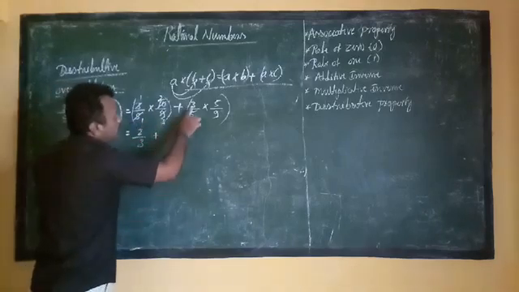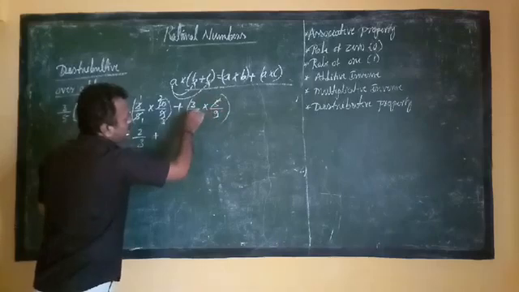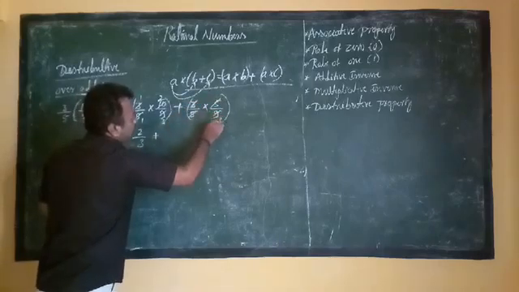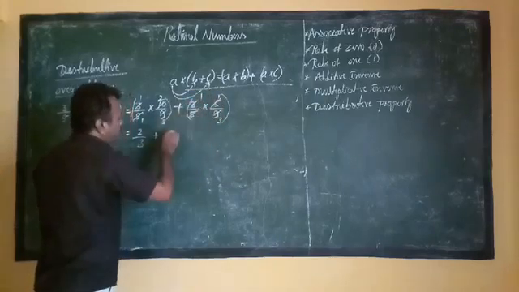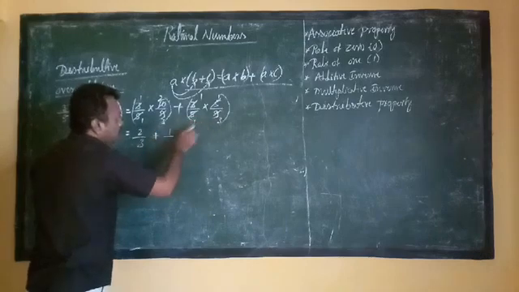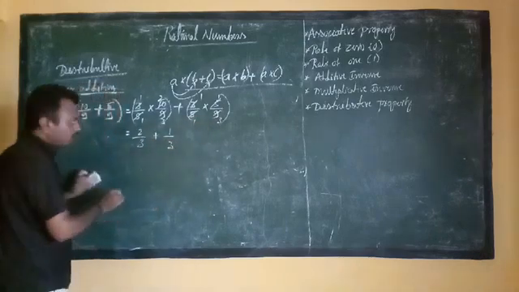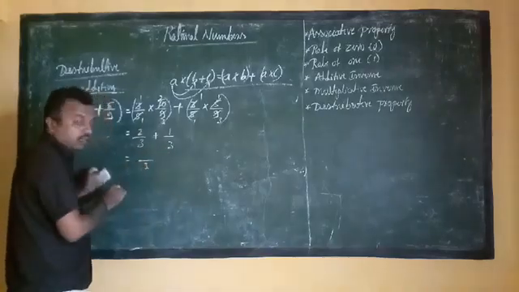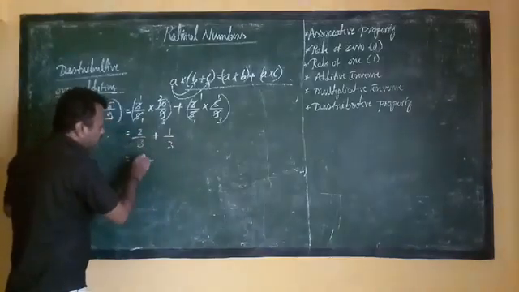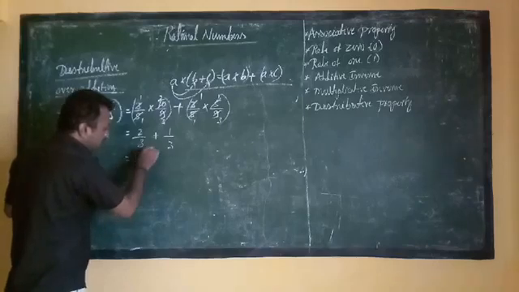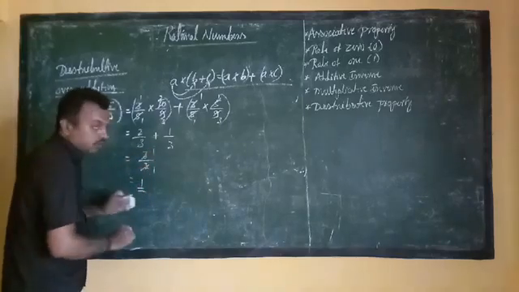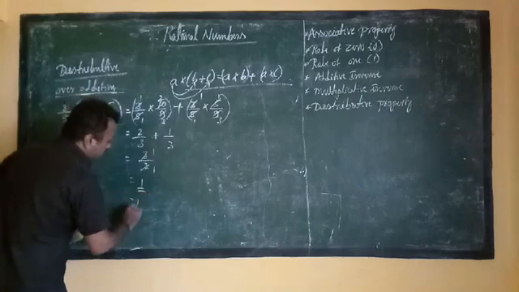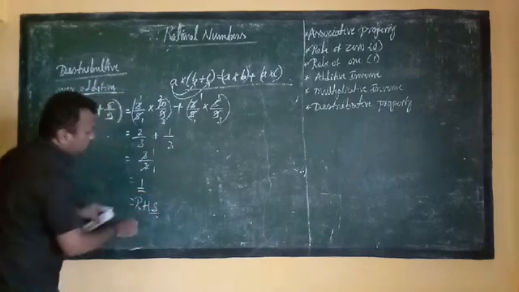Plus, 3 and 5, the 5 gets cancelled. 3 ones are 3, 3 nines are 9. Here 1, here also 1. 1 into 1 is 1. So 1 by 3. Finally, the denominators are the same. Add the numerators, 2 plus 1 is 3. 3 gets cancelled, remaining is 1. So this is called the RHS, that is 1.